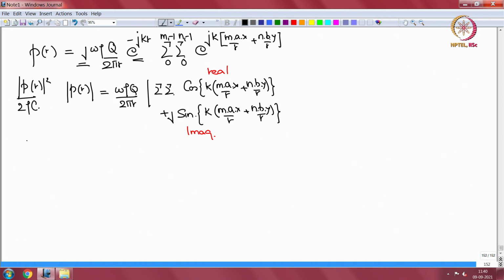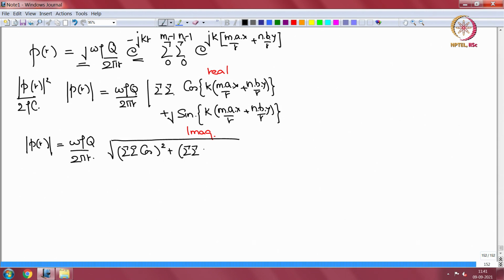The magnitude is equal to omega rho q by twice pi r times the square root of double sum cos whole squared plus double sum sine whole squared.